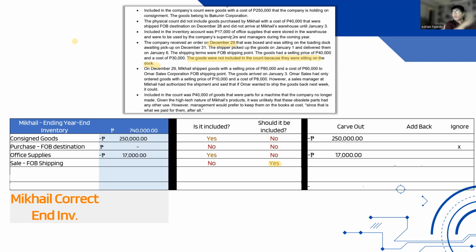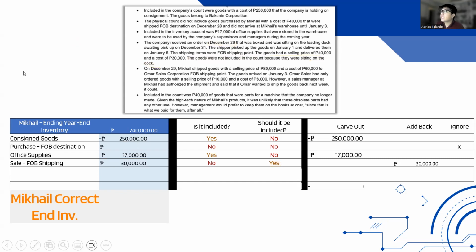Nakabox lang siya dun sa warehouse. Hindi pa siya nasa freight. Therefore, it's any other ending inventory. Right? So now, kung hindi niya in-include but it should have been included, we add back 30,000. So please do a lot of exercises on this kasi may mga ganyang mga nuanced scenario. Right? So ito na yung first nuanced scenario that I want you to take note of.